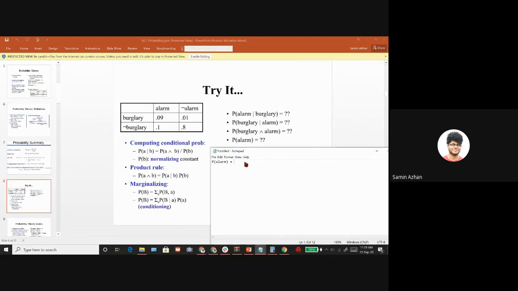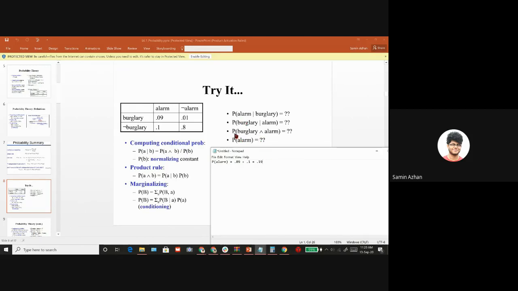So the probability of alarm is going to be 0.09 plus 0.1. That should equal 0.19. Are you clear about that? So the probability of not alarm, if you add these two up, is 0.81. But we don't have to find that in this case.